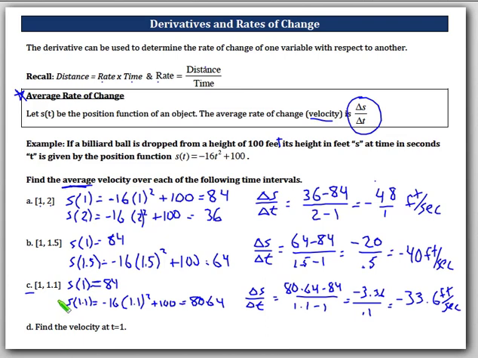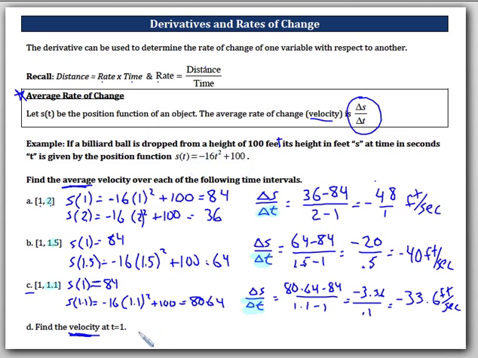Now, hopefully you can see what's going on here. We have 2 seconds, 1.5 seconds, 1.1 seconds. What we're trying to do is let that delta t disappear. Now, if we let delta t go down to 0, we're going to find the actual rate of change, or actual velocity, at time equals 1. And it turns out, by letting this go to 0, all we need to do is find the derivative of our position function.